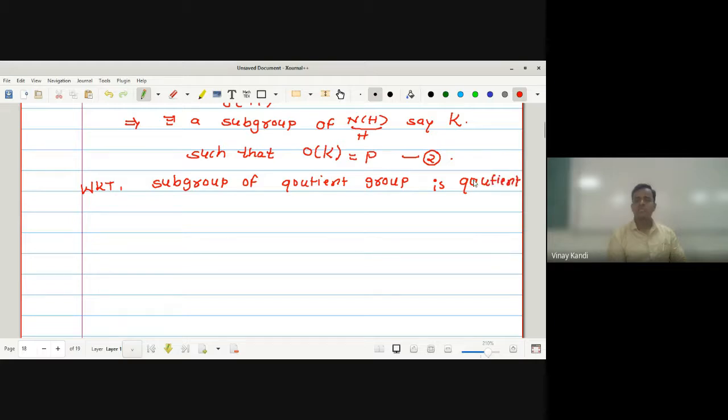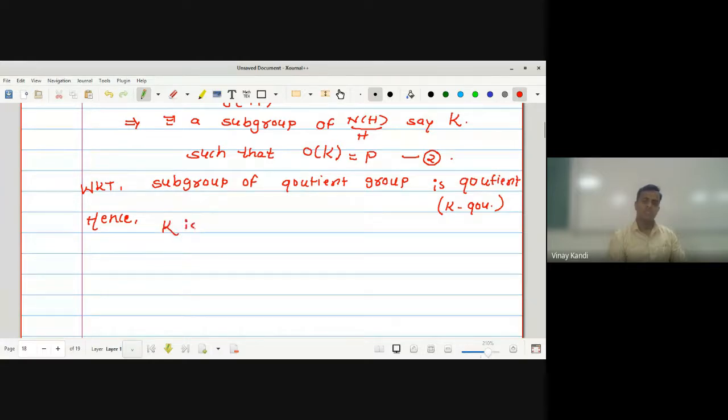Okay, so this K must be a quotient group. Okay, इथे लिहून ठेवतो मी. K is the quotient group, capital K. Hence, hence K is the quotient group containing H.